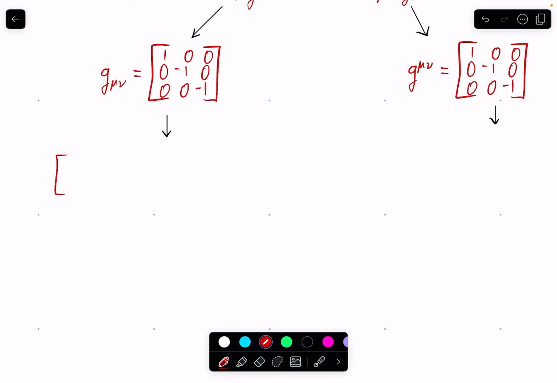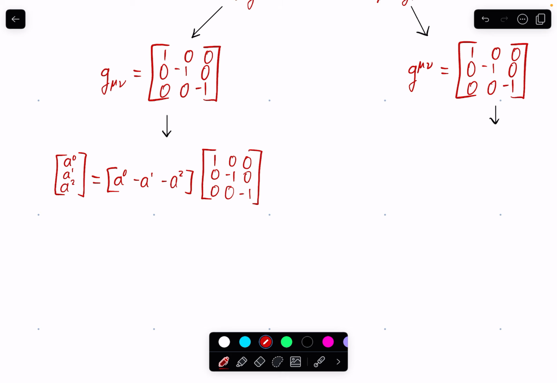It's the same as having A naught, A1, A2, A naught, negative A1, negative A2, 1, 0, 0, 0, -1, 0, 0, 0, -1.